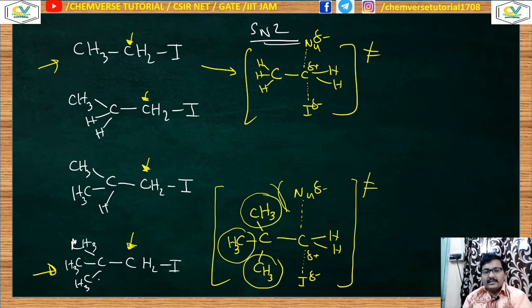So when the steric bulk is increased at the beta carbon, the approach of the nucleophile is hindered due to the steric effect of that bulky group. As a result, the rate will drastically decrease, and that is depicted over here.